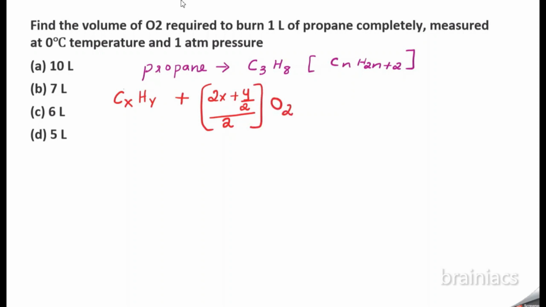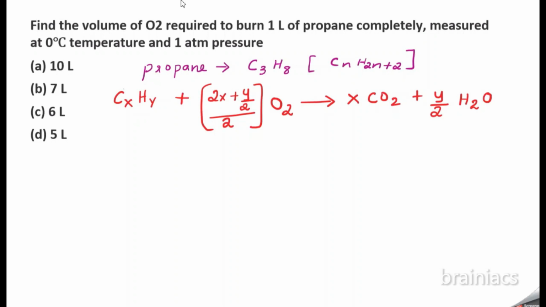That is, burning in presence of oxygen will give you x times CO2 and y/2 times water. Very important. Now how do we use this general equation? If you learn this, you can apply it for anything actually.